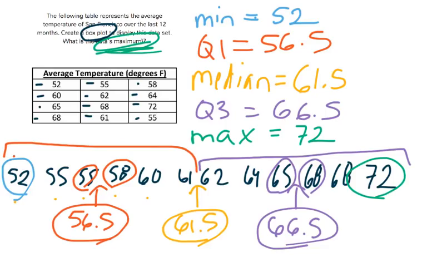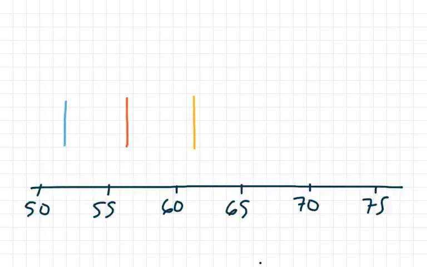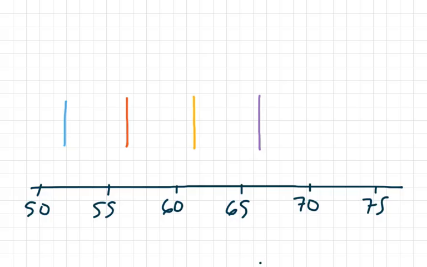My third quartile is 66.5. Oops. Go back here, 66.5. My maximum is 72. Okay, so I have all 5 values there.